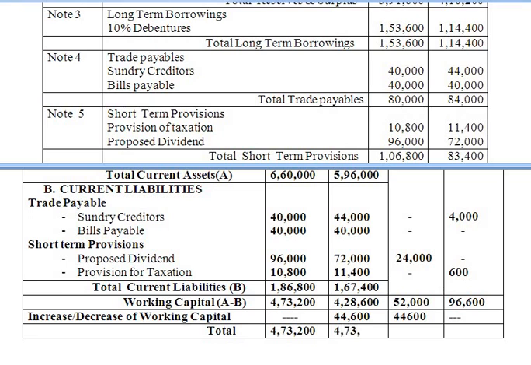Now this decrease in working capital of 44,600 is added to the working capital of 2019, so the total is 4,73,200. Okay, and here the same 96,600 and here 96,600. Okay, I hope you understood how to calculate the working capital.